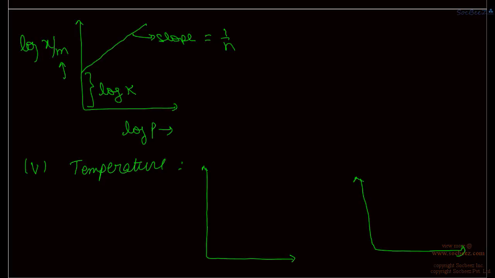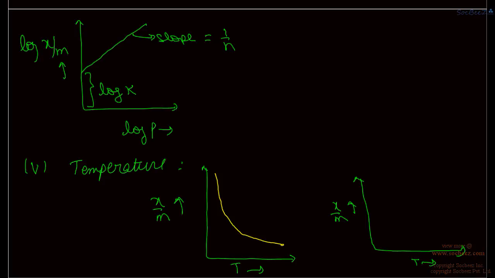Let's discuss two different graphs for physisorption and chemisorption. Here is the extent of adsorption, x by m, and here is temperature, T. In case of physisorption, adsorption depends in this manner.